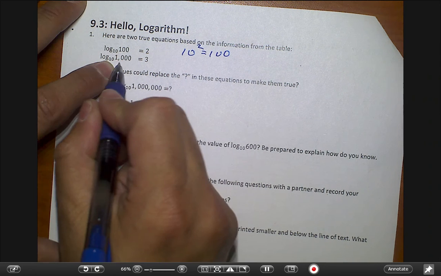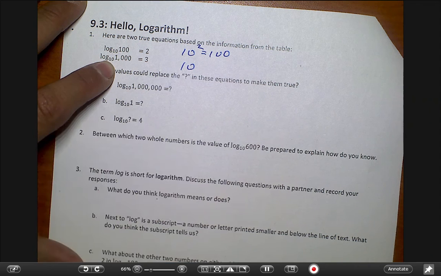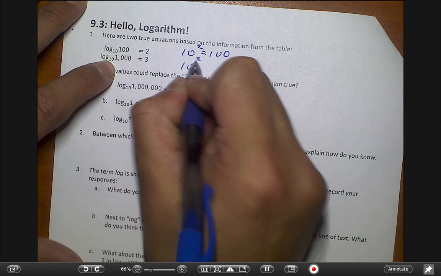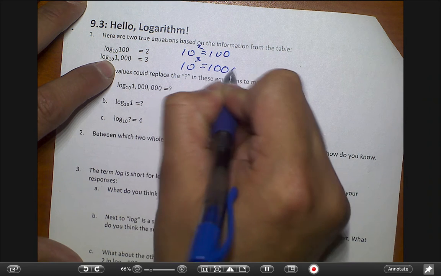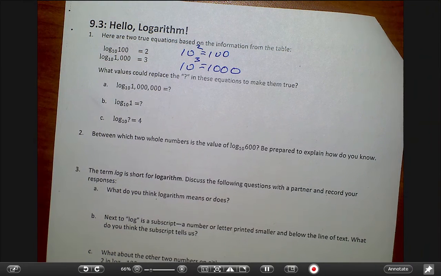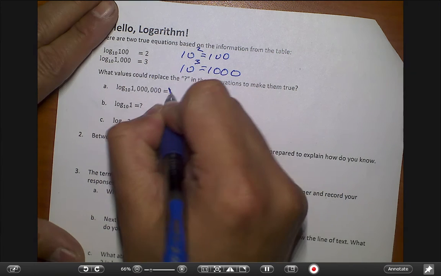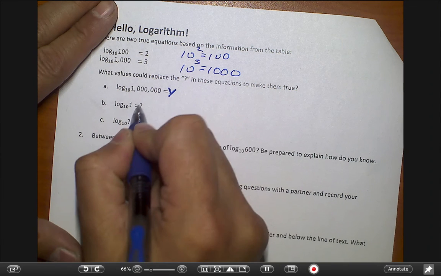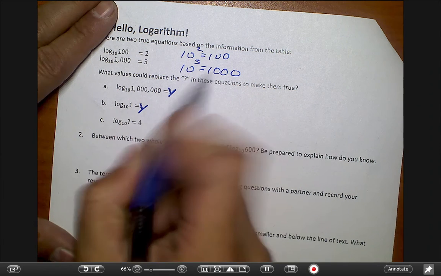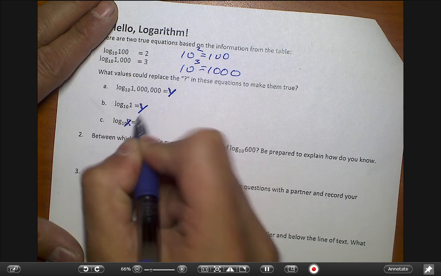Doing it again. 10 is my base. My power is 3. It's equal to 1,000. All right. So this one has question marks. I hate it when it has question marks. So this one's going to be the Y value. This one is also the Y value. And this one is the X value.